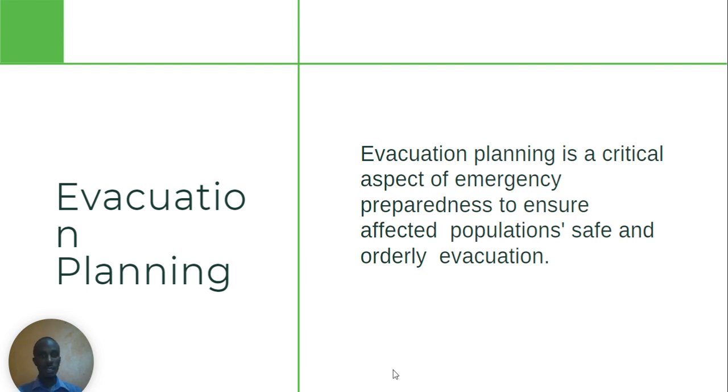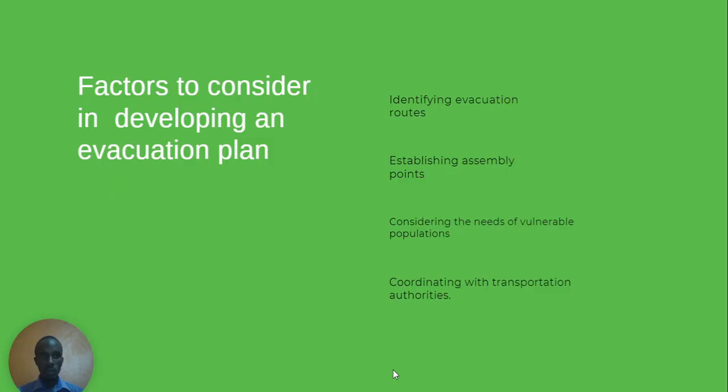We have evacuation planning, which is a critical aspect of emergency preparedness to ensure that the affected populations are safe, and the evacuation itself is done in an orderly fashion. So the factors that you have to consider when developing an evacuation plan is that you have to identify the evacuation routes.